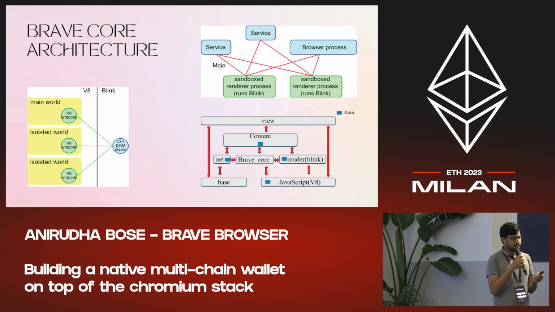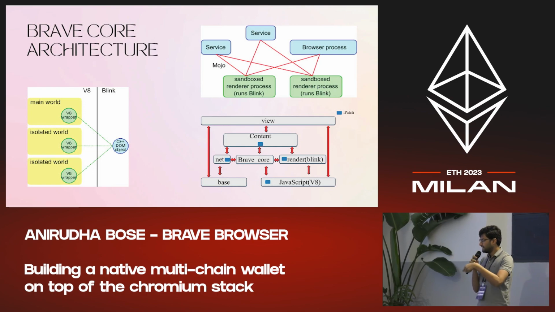So that's written in C++, and those are C++ objects. What we then do is wrap those objects into a V8 object. V8 is the JavaScript engine in Brave. And we make it available to the client, the front end.